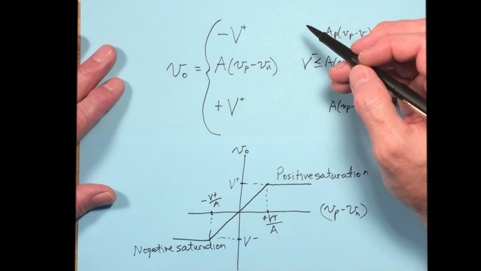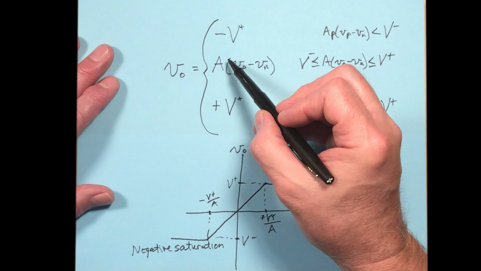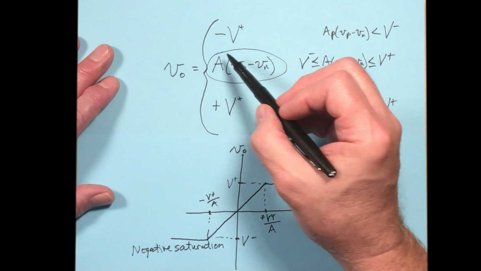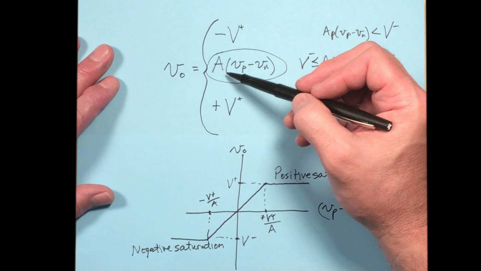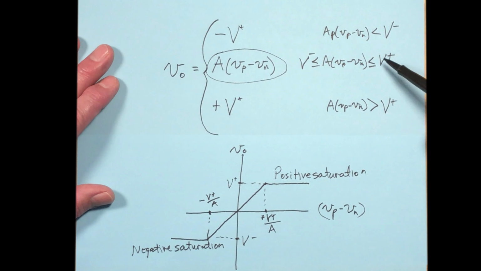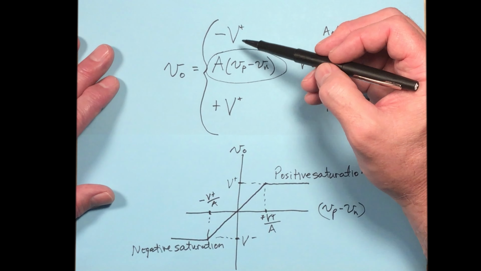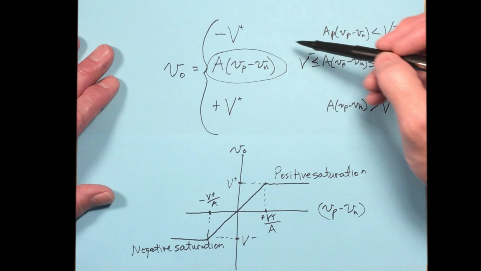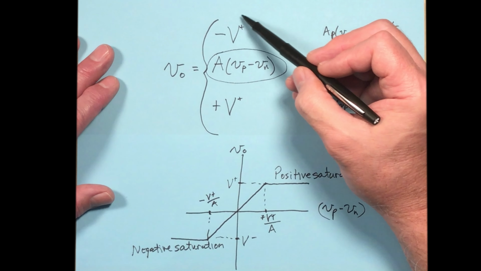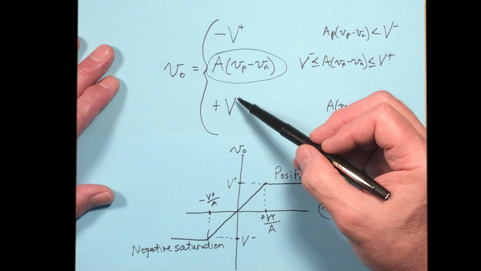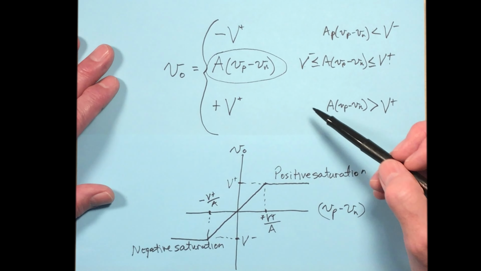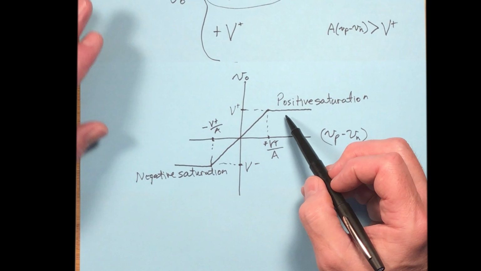So once again, your output is going to be this, unless this turns out to be outside the range of V plus and V minus. Okay, well, what does that mean? That means if you go below V minus, then your output is just V minus. But if you go above V plus, then your output is just V plus. And that's what this shows right here.